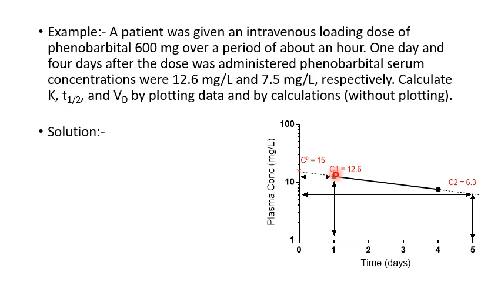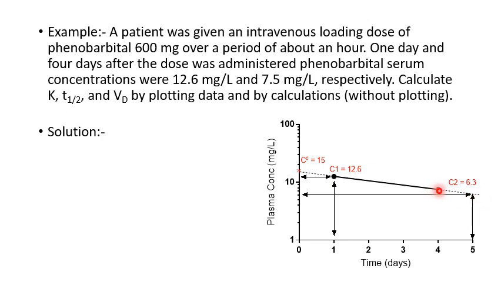Okay, so now we should calculate the half-life by using the plotting. This can be done by dividing one of these points, either the 7.5 or the 12.6, by half, and then finding the time interval between this point and half of it. In this case, 12.6 is divided by 2, and then the concentration will be 6.3.